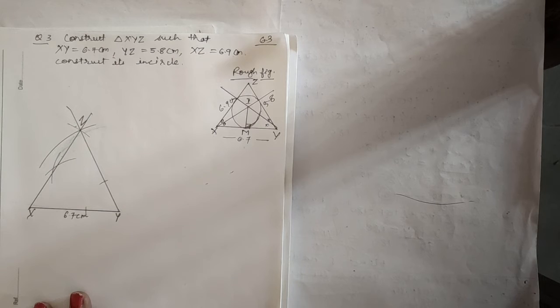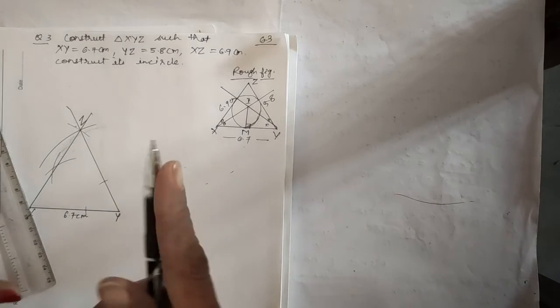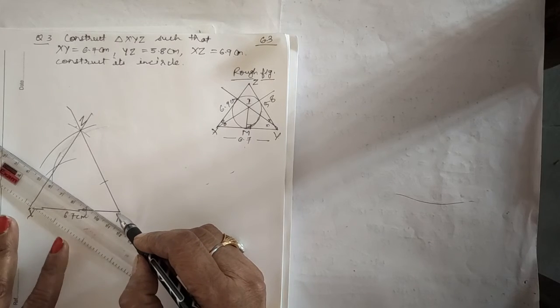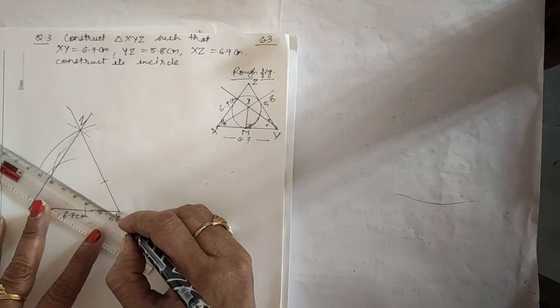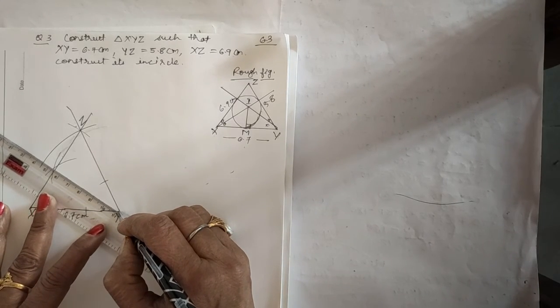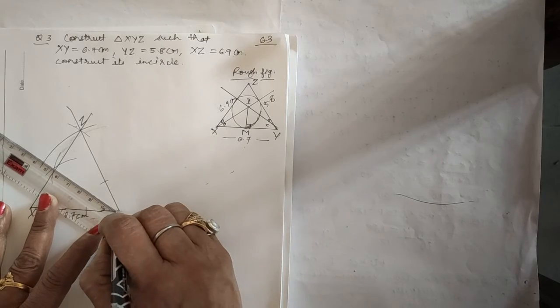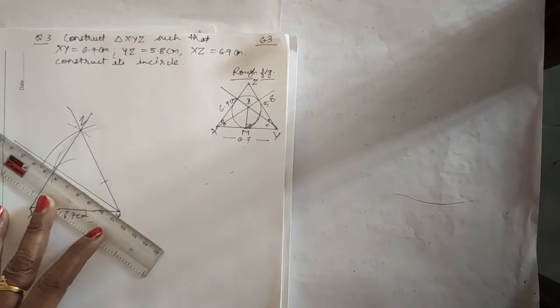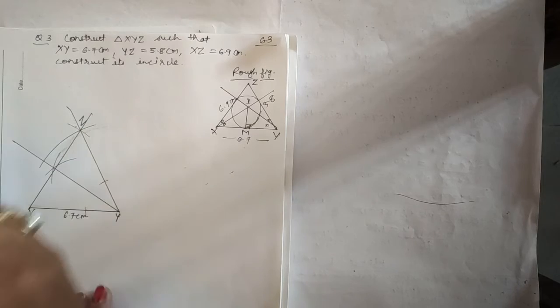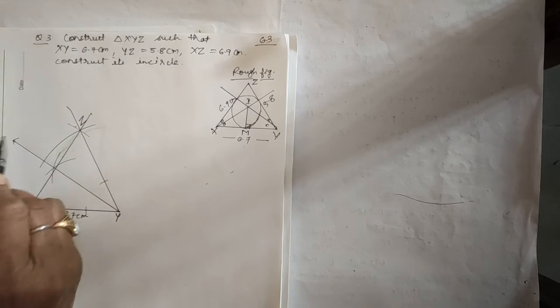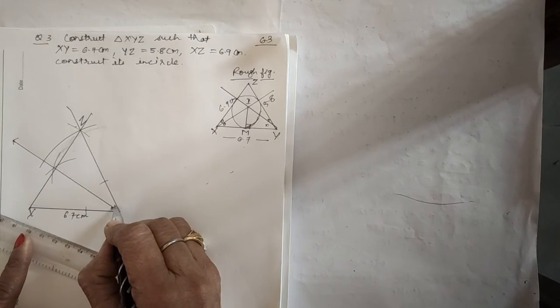Okay, and now what you have to do, take a scale. As I have drawn the bisector of angle Y, so from Y to this point of intersection of the arcs draw an angle bisector. Put arrow like this and show it by this symbol.